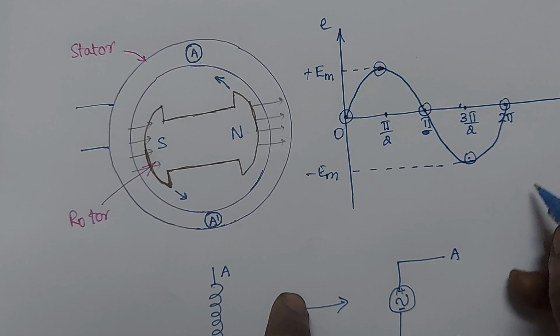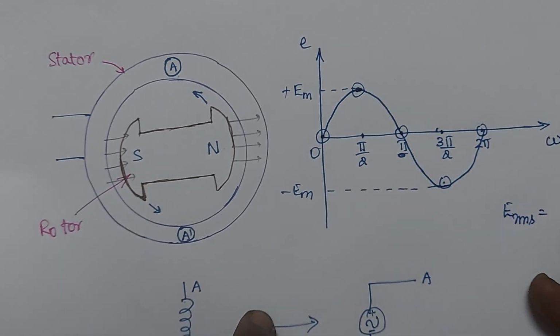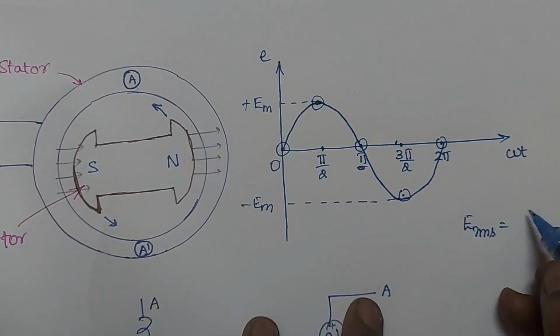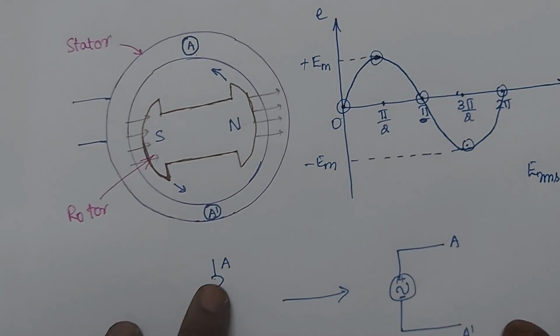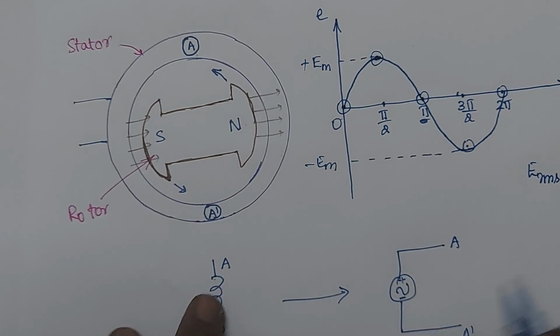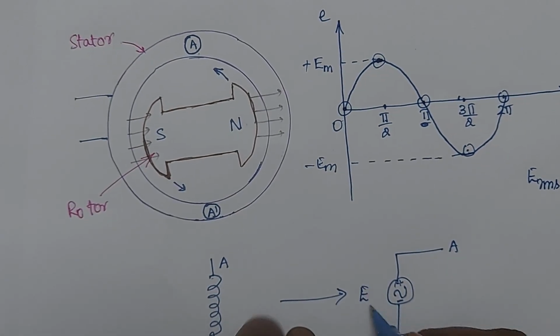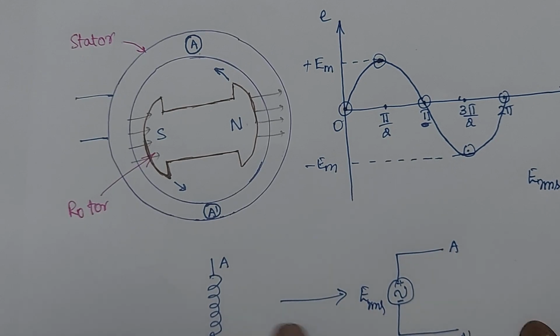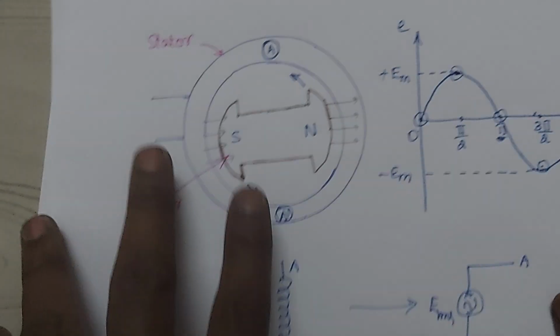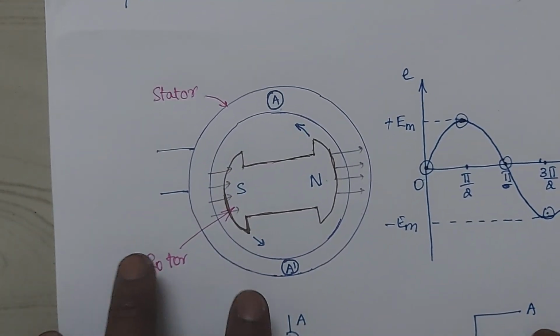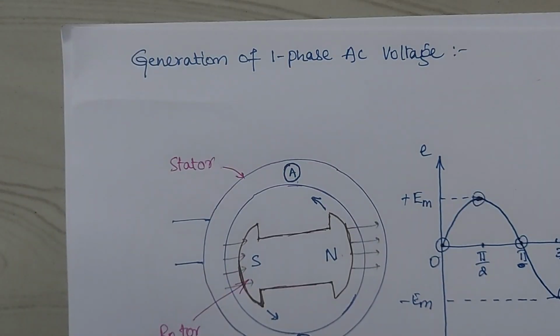E RMS is equal to E maximum by root 2. So that's why this is an E RMS value. Okay, so now here this is a single phase AC voltage.